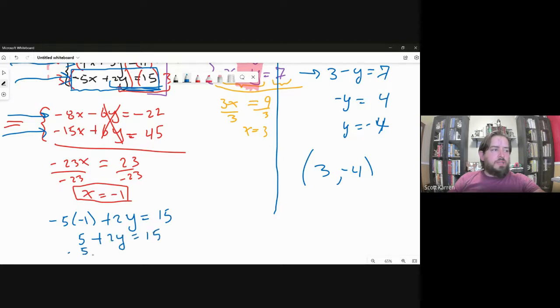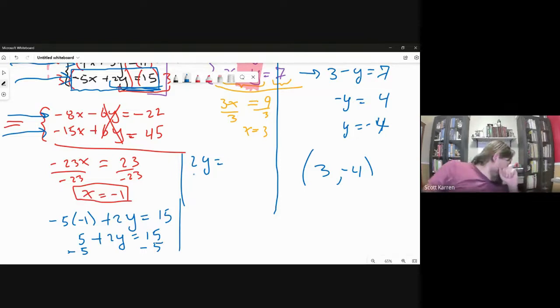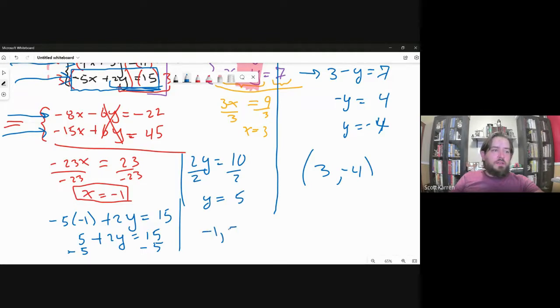Subtract 5 from both sides, and that gives me 2y equals, excuse me, 10. And divide each side by 2 gives me y equals 5. And I'm done. I've got x, I've got y, I've got my ordered pair solution.